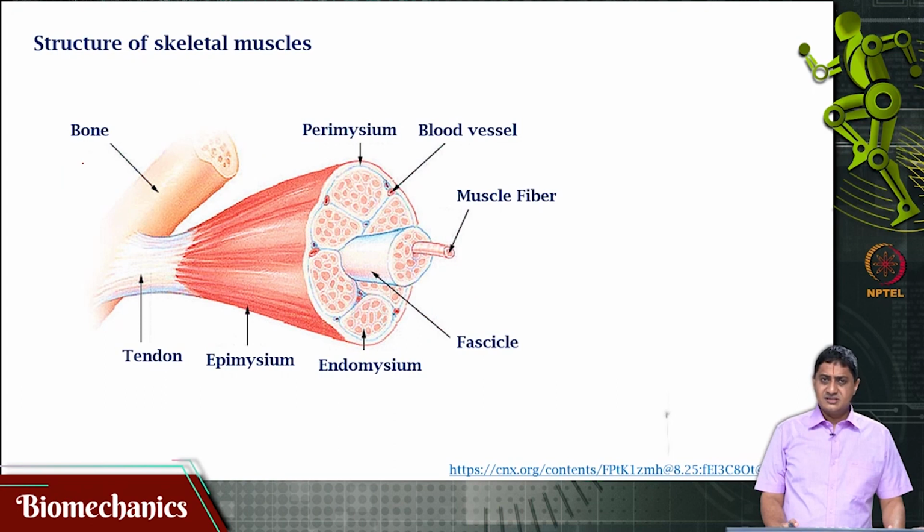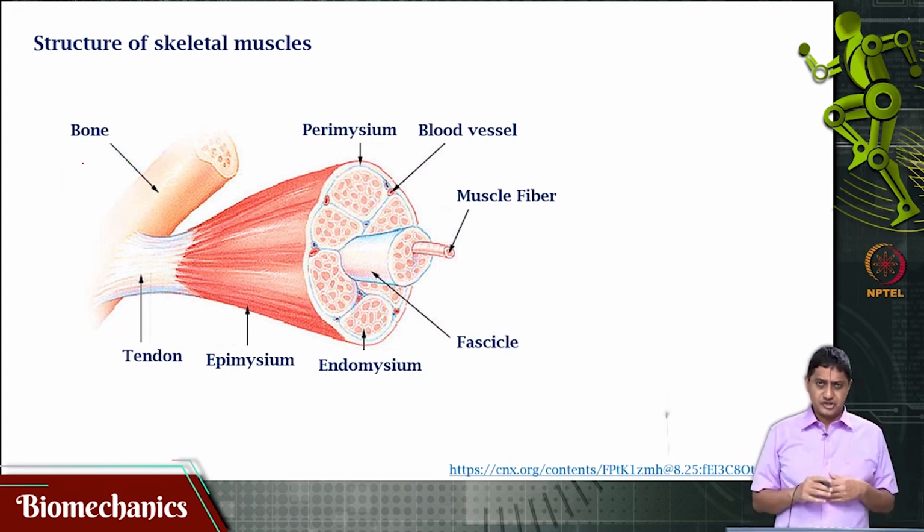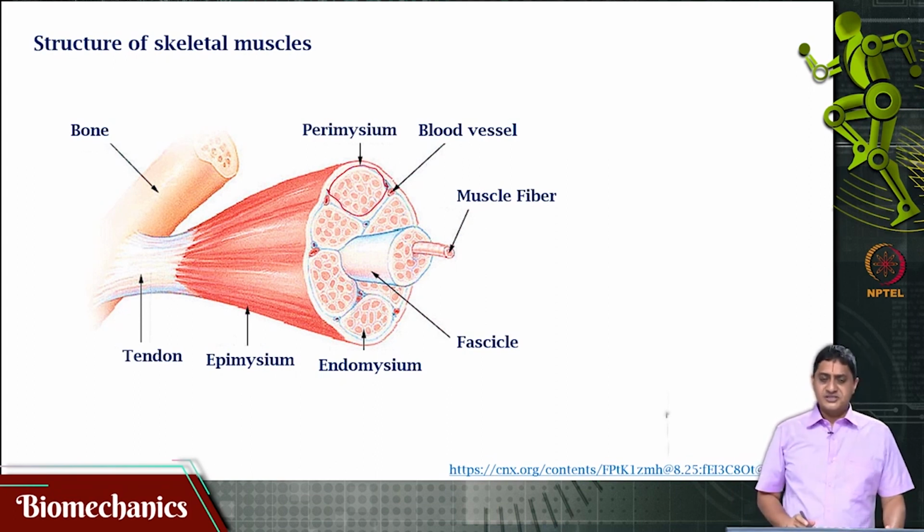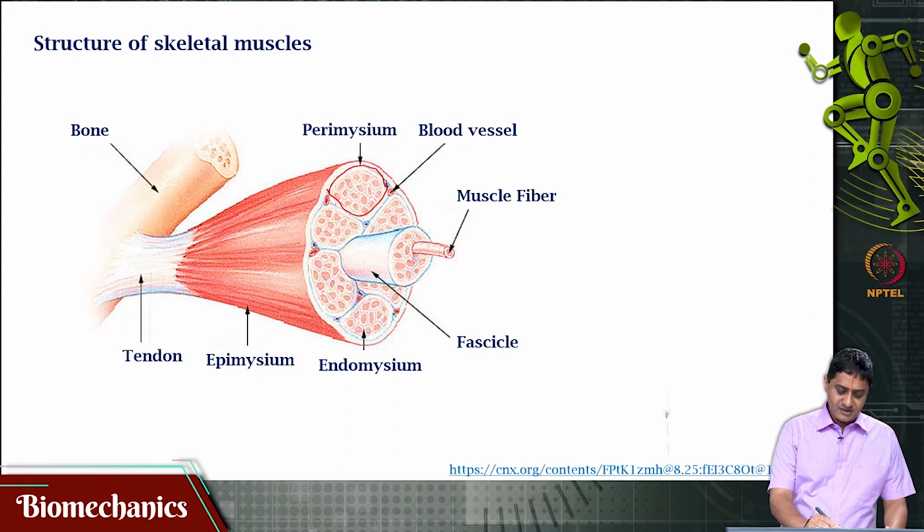So, a skeletal muscle has this organized hierarchical structure. On the outside you have the muscle itself, which is composed of several small bundles of fibers or fascicles, which themselves are further grouped into smaller bundles as seen here.